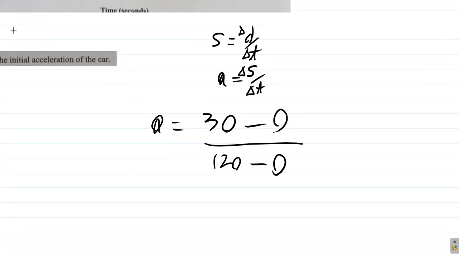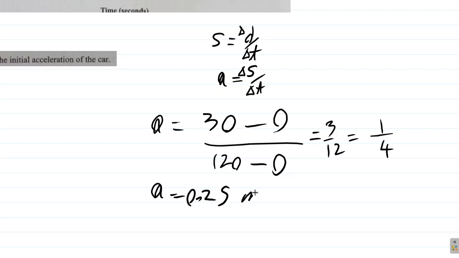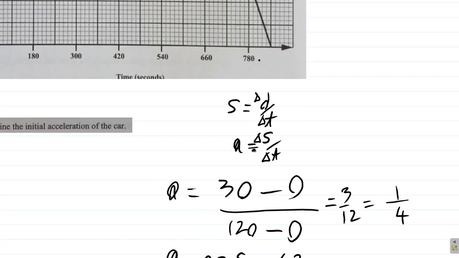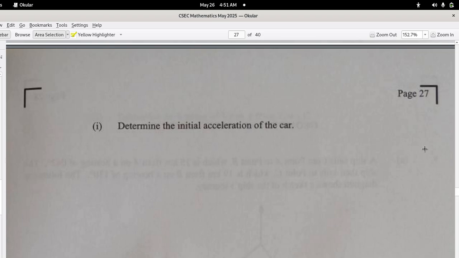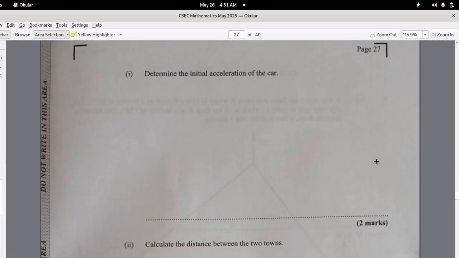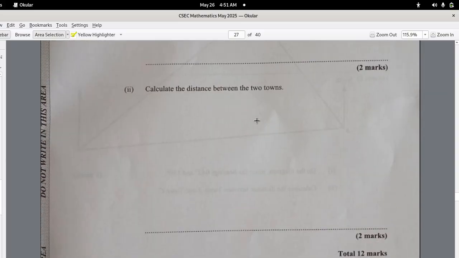So 30 over 120 is 3 over 12, which is a quarter. So acceleration is 0.25 meters per second squared. That's the unit for acceleration, and that's the initial acceleration of the car.